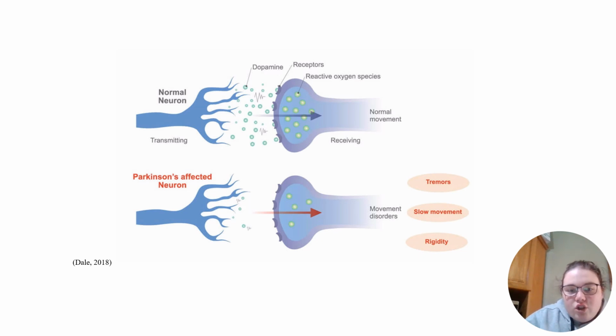As we can see here, you have your normal neuron within the brain and you have lots of dopamine receptors going from the neuron to the receiving end, which is the normal movement of your everyday person.